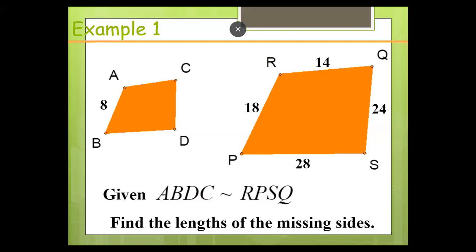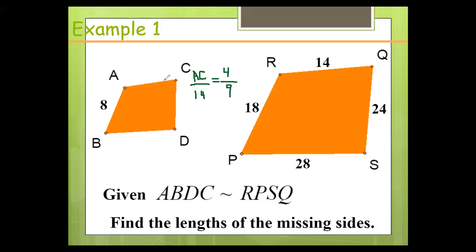So we can write AC over 14 equal to RP over AB. Just a second, what is the ratio? Farah told us that the scale factor was 4 over 9.